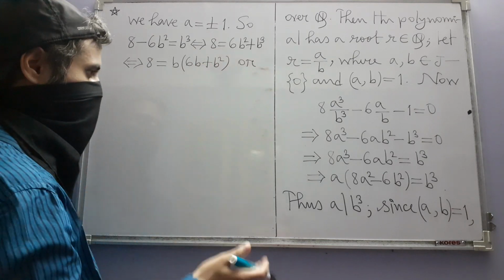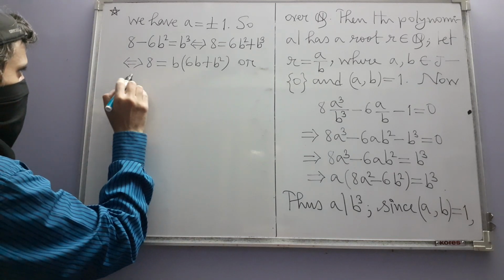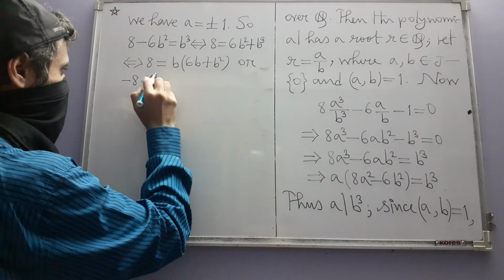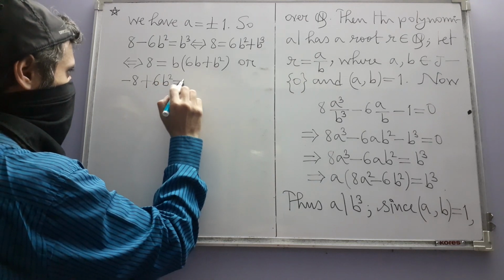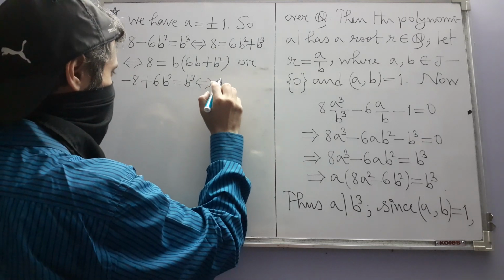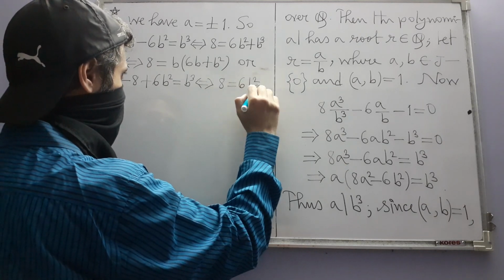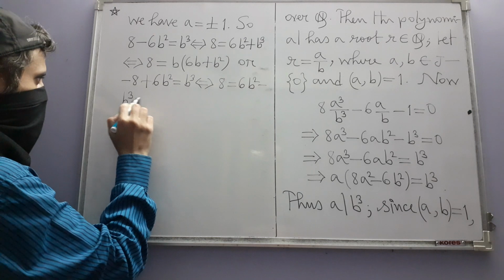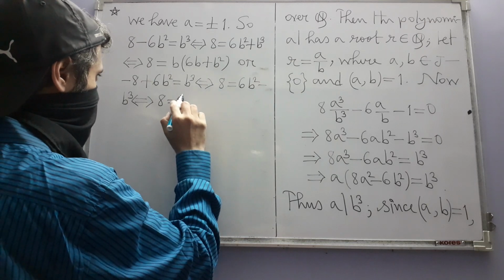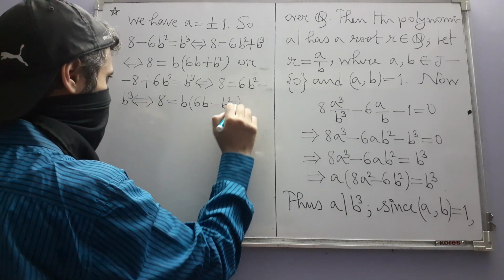Or we have that other possibility also, right? A can be -1. Now if a is -1, then -8 plus 6b square is equal to b cube, which is equivalent to 8 equal to 6b square minus b cube, and which is equivalent to 8 being equal to b times (6b minus b square).